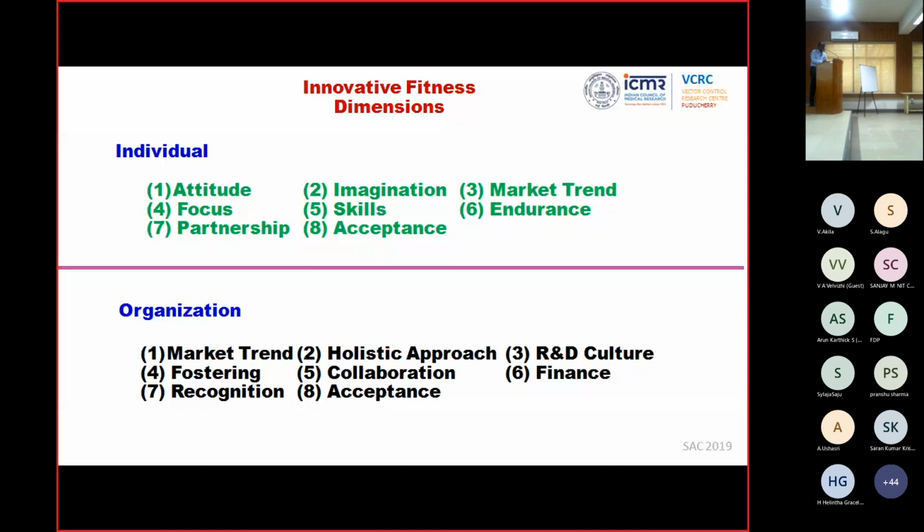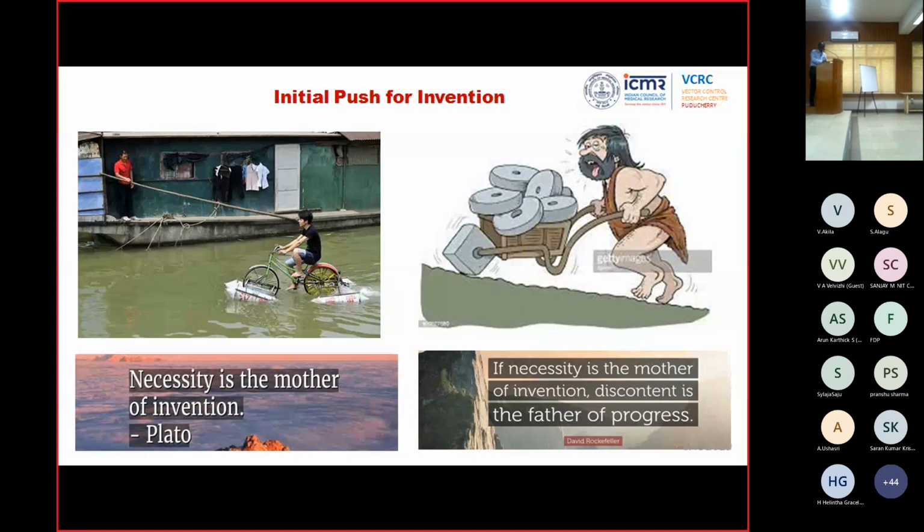Next slide, please. Okay, what is the initial push for innovation? The initial push for innovation is necessity. They say necessity is the mother of innovation. Unless there is a need, you don't think anything, you don't imagine anything. Your imagination also is based on a certain need that you are trying to focus on.